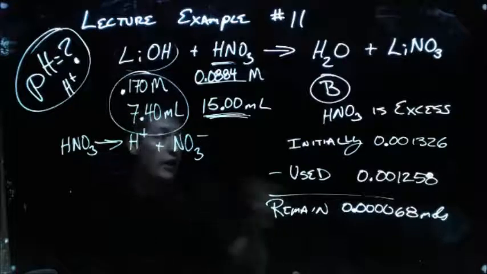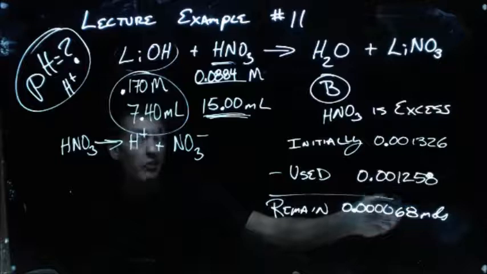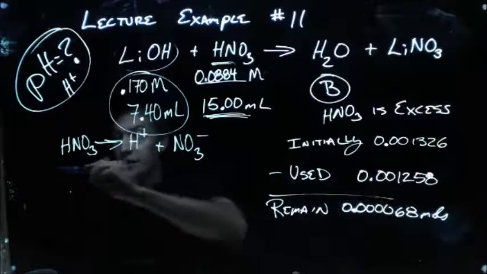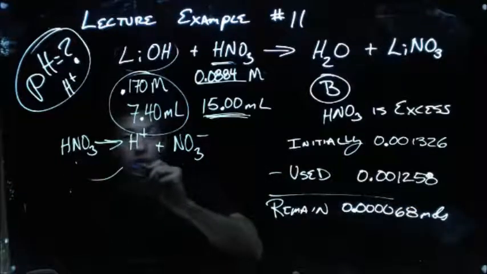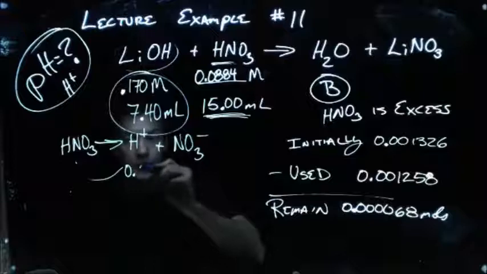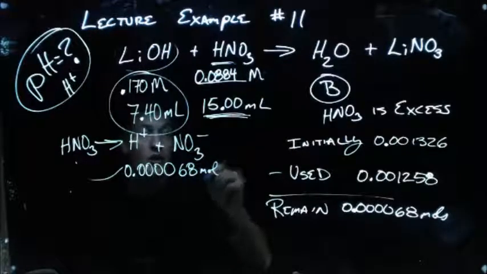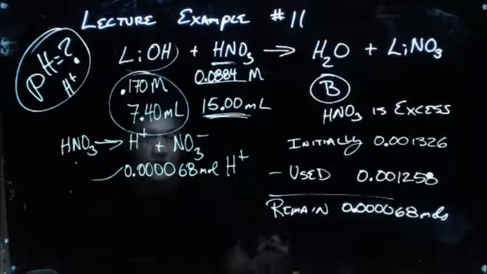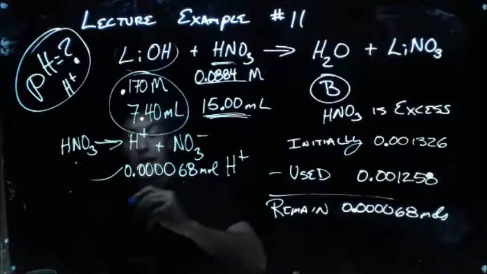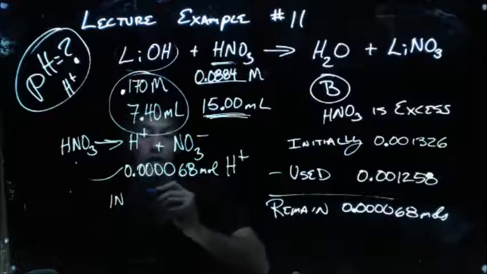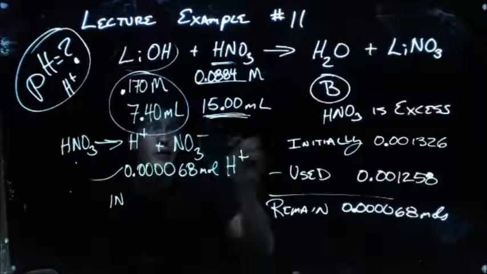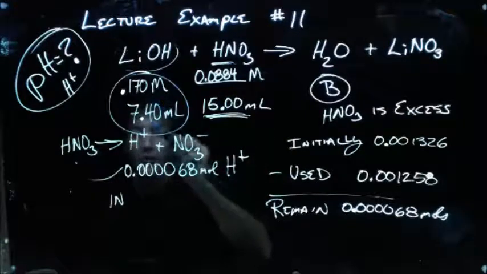So if I have 0.000068 moles of nitric acid, that's going to yield 0.000068 moles of hydrogen ion. That hydrogen ion is in the combined volume of 15 mils and 7.4 mils.